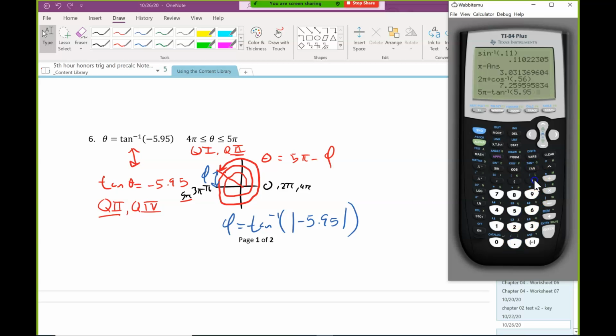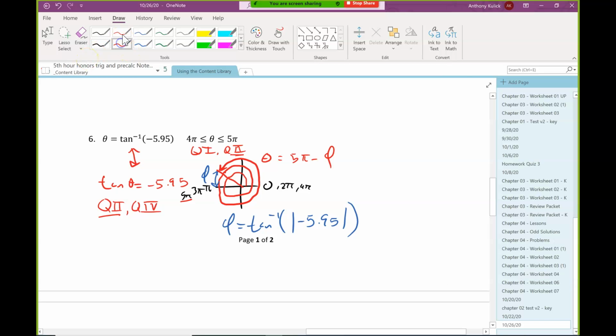And I'm just going to type in positive 5.95 rather than the absolute value symbol because that's too many buttons for something that I can do in my head. You know what I mean? So when I do 5 pi minus that phi, I get 1430.